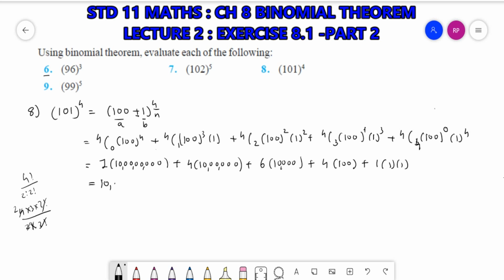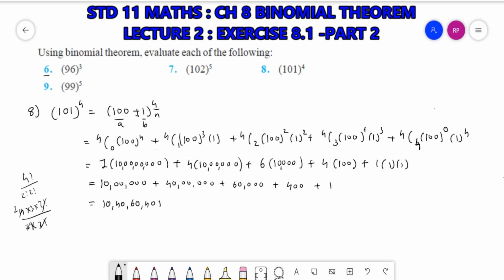This will be equal to 10 crore plus 40 lakh, 4 into 10 lakh, plus 60,000, 6 into 10,000, plus 400 plus 1. So it will be 10 crore 40 lakh 60,401. Okay, so this is 101 raised to 4.